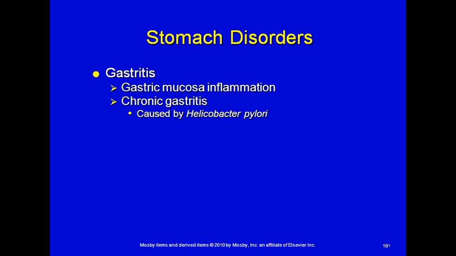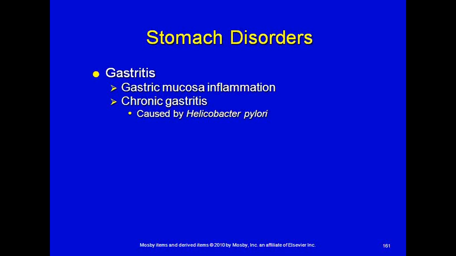Gastritis is an inflammation of the gastric mucosa. Chronic gastritis is caused by Helicobacter pylori, and that Helicobacter pylori is a bacteria, which again I think I had mentioned that in many people who had ulcers, the belief was that it had to be related to the amount of acid that they were producing, and by giving them acid reducers, they thought they would cure these ulcers, but that wasn't the case.